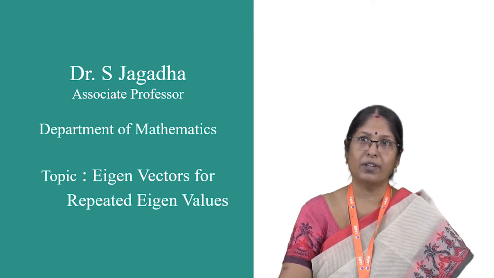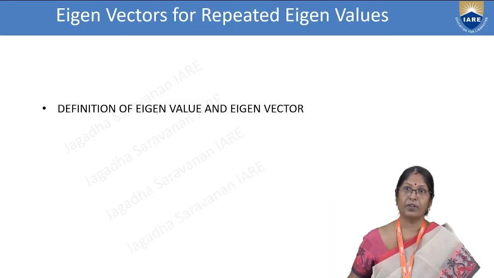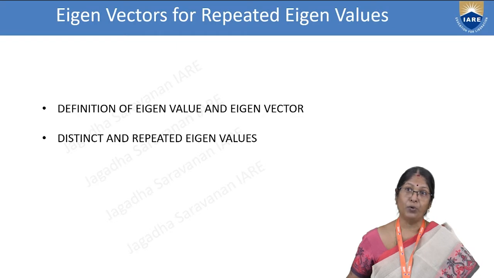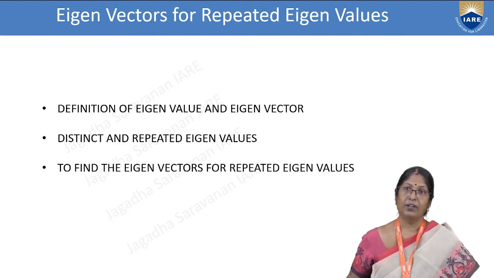Today we are going to discuss eigenvectors for repeated eigenvalues. In this lecture we will discuss the definition of eigenvalue and eigenvector, then how to identify distinct and repeated eigenvalues, and how to find eigenvectors for repeated eigenvalues also.